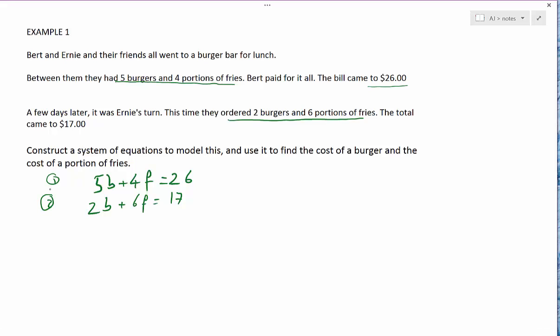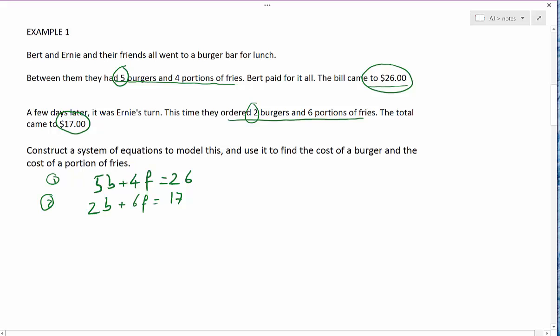Does B represent burgers or the number of burgers? Well, no, because we know that there were 5 burgers and we know that there were 2 burgers. So B doesn't represent the number of burgers. These questions are both talking about the total cost.